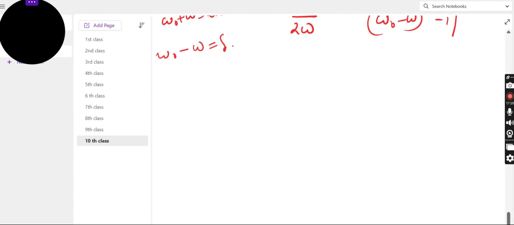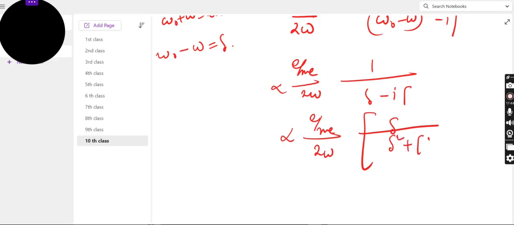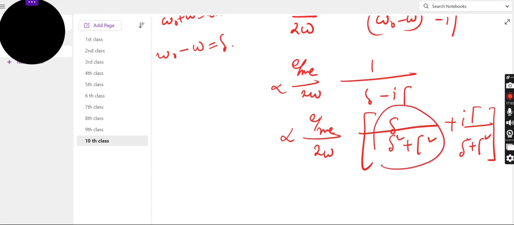So this thing can be written as eE/m into 1 over 2 omega, (delta minus i tau) over (delta squared plus tau squared). This part, delta over (delta squared plus tau squared), is the real part. And this part, tau over (delta squared plus tau squared), is the imaginary part.